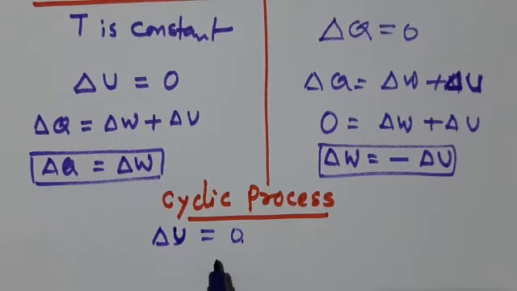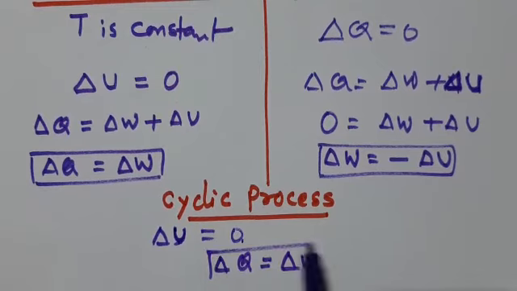Then by the first law of thermodynamics, delta Q equal to delta W. The heat given to the system in cyclic process is equal to the work done by the system.